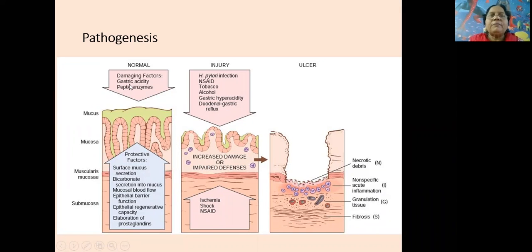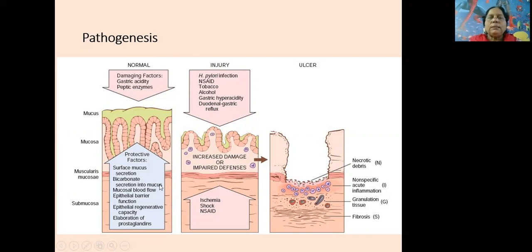And peptic enzymes are also a destroying factor. Then injury happens when the protective factors are less or deranged, and the damaging factors take the upper hand.